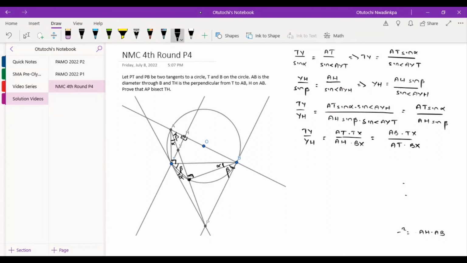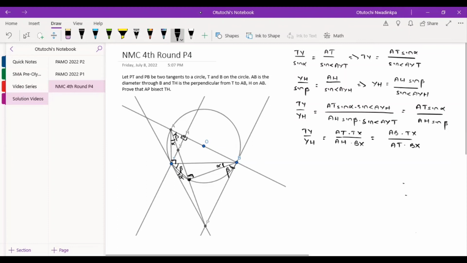So how do we show this? This is where our tangencies come in. Because PT is tangent to the second circle of ATX, we used that before to show that this angle is equal to alpha.